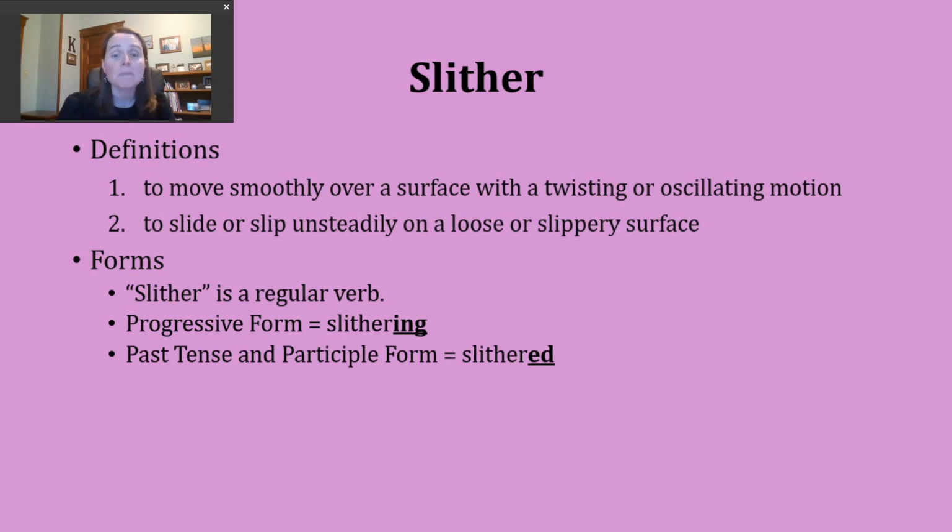The past tense and the participle form of this verb can be made by adding ed. Our base verb, slither, ends in a voiced R sound. This means our ed ending is just going to make a D sound, and I'm not going to add an extra syllable when I say it. The past tense and the participle form of the verb should sound like this: slithered, slithered.